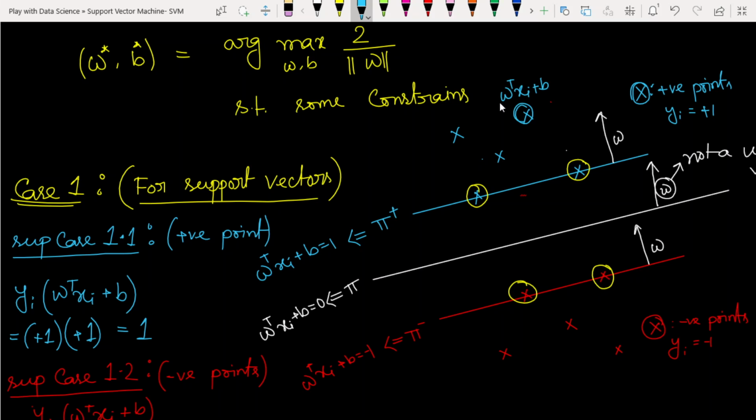So this value will be positive, and also this value will be greater than 1, because at the support point this value is +1, and this is a simple trick. This value will be greater than +1.